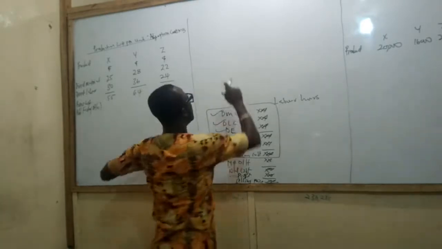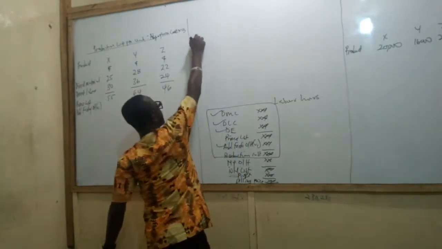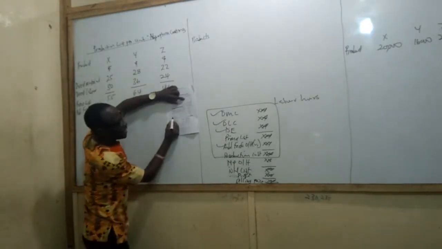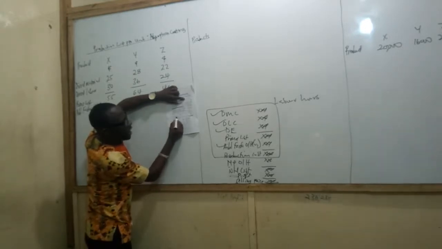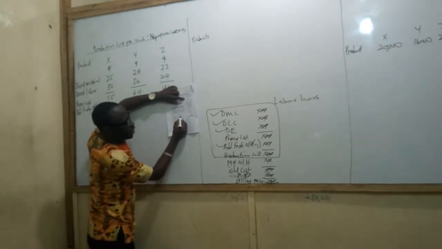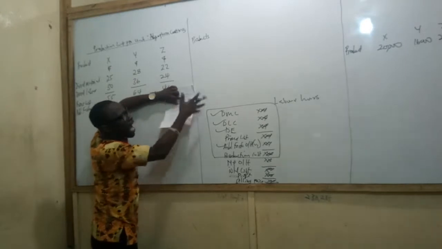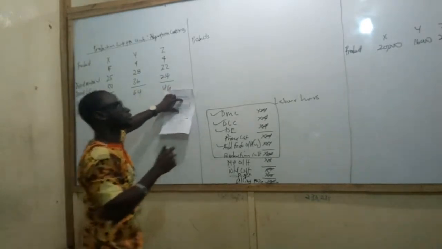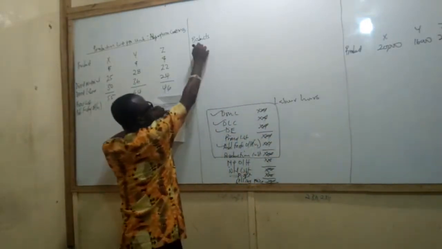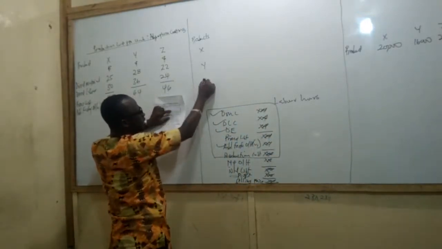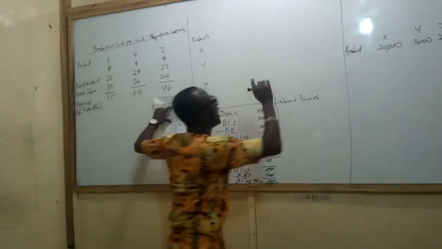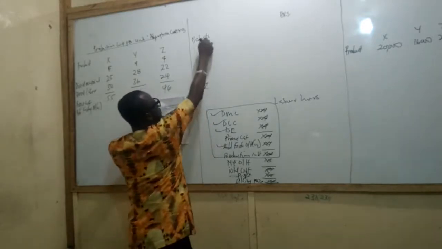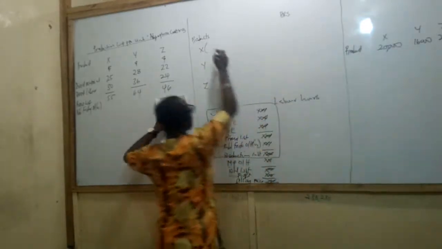So to do that, we are going to put the products up like this. If you check, the examiner said direct labor, $12 per hour, 30. So how do you get the labor hours per unit for each product? So we're going to have X, Y, and Z. Then we're going to have the hours here. For X, we are producing 20,000 units.